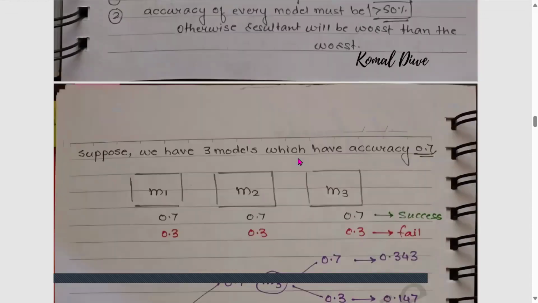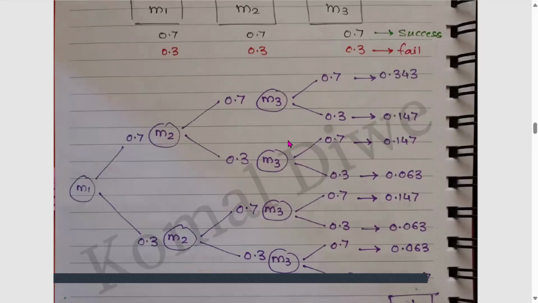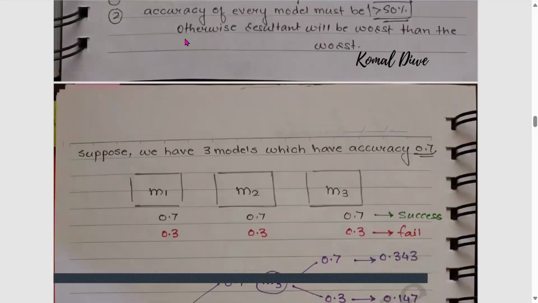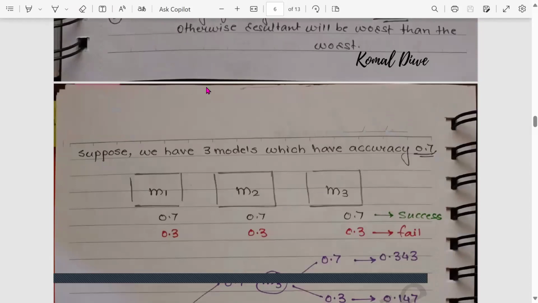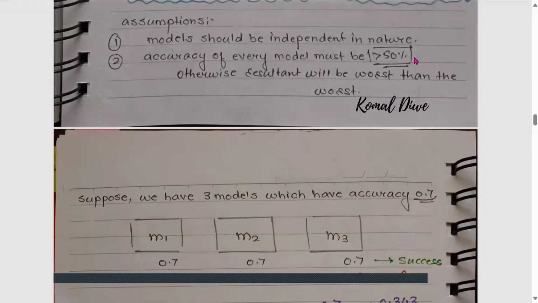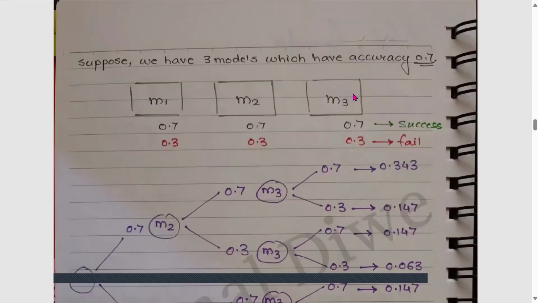Here they have shared the proof of the second assumption, why it must be greater than 50%. This is an example to help you understand.